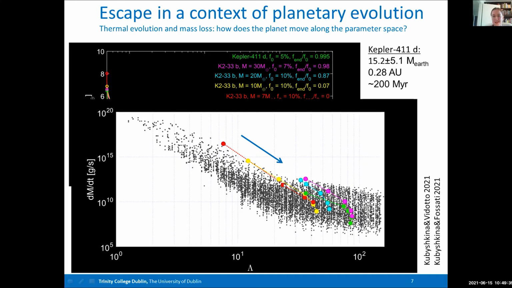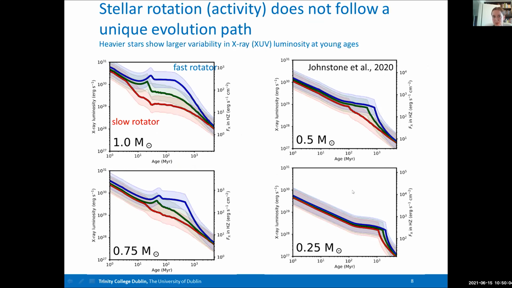The lower mass planets can, however, start on the left-hand side of this diagram and travel to the right. So in the first few tens of million years, the atmospheric mass loss induced by the own thermal energy of the planet is going to be relevant. For the rest of the talk, I would like to focus on planets from the right-hand side, for which the stellar radiation is important.